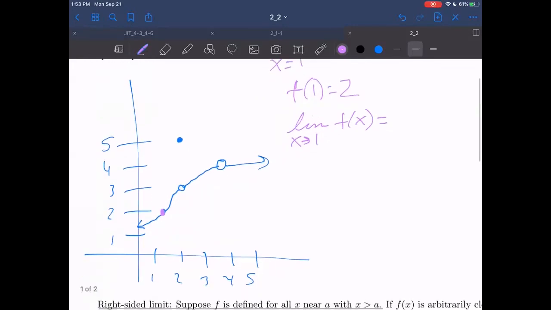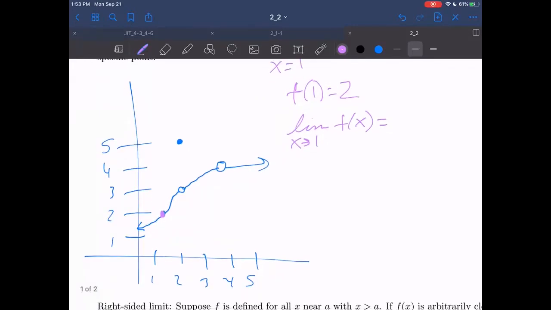And so when we're doing these limits, we're wanting to look at, okay, here's what x value I'm looking at. What is the function doing as it gets close to that value? Okay, and as the function's going along, it looks like at that point it's going to be 2. Okay, if our function is filled in at that point and evaluated, then great, that's what our limit's going to be. That won't always be the case.